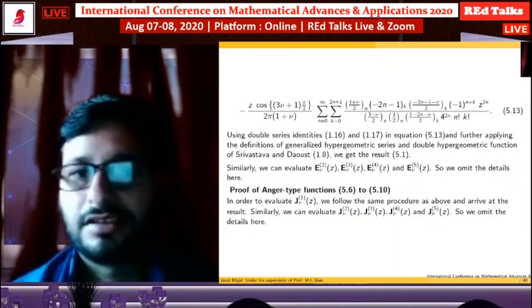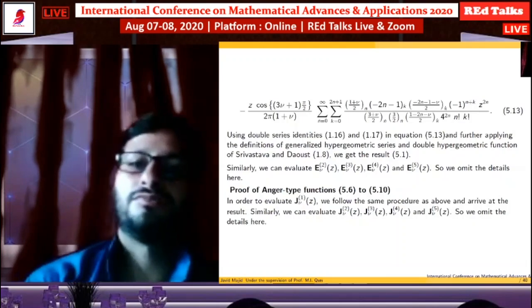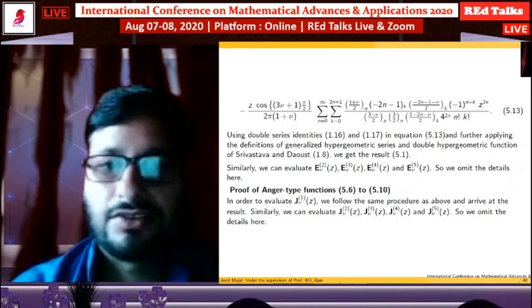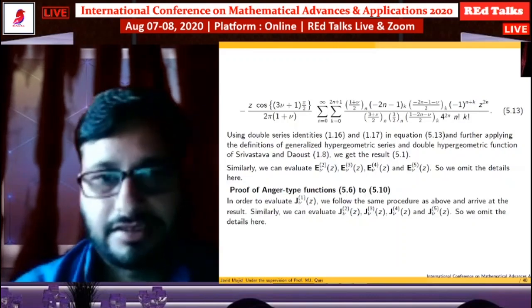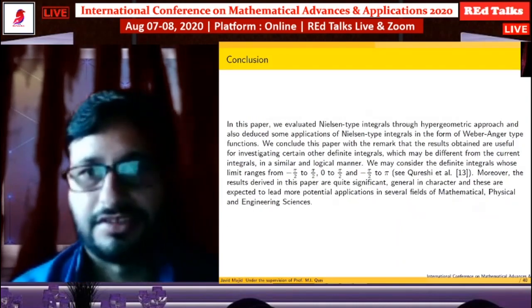Similarly, we get the results of E mu2 z to E mu5 z, so we omit the details. Similarly, we can obtain the other Anger type integrals from 5.6 to 5.10 in the same way, so we omit the details.